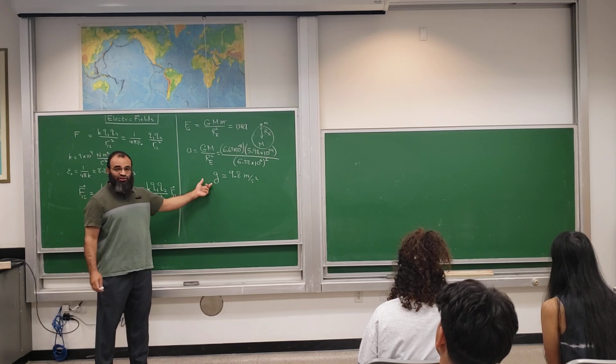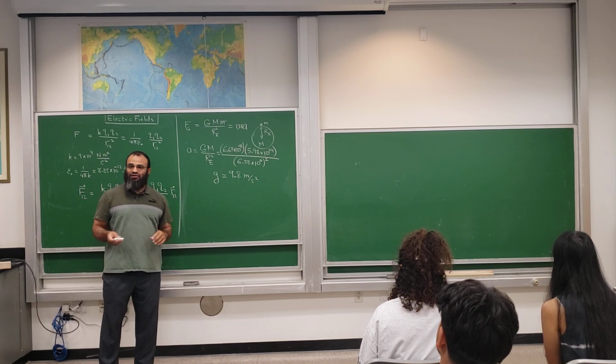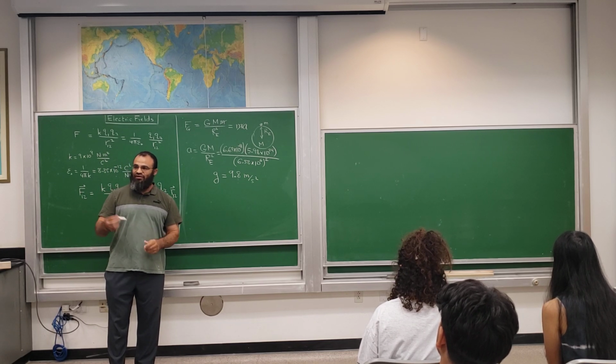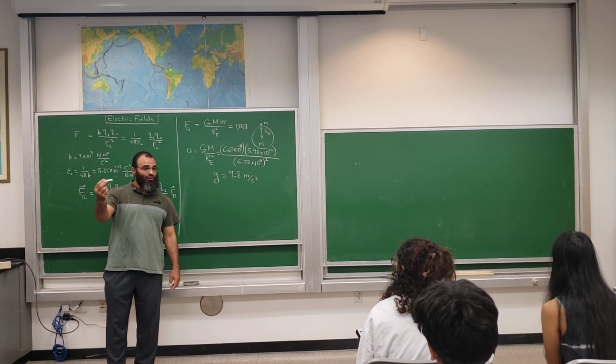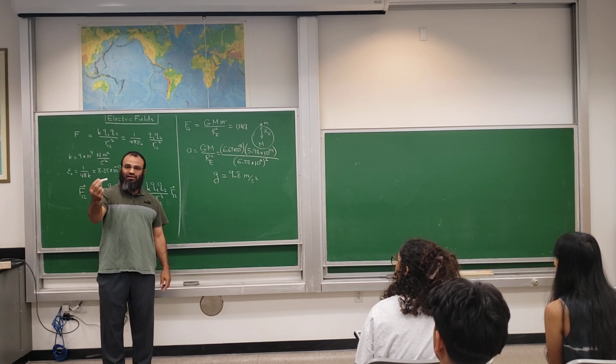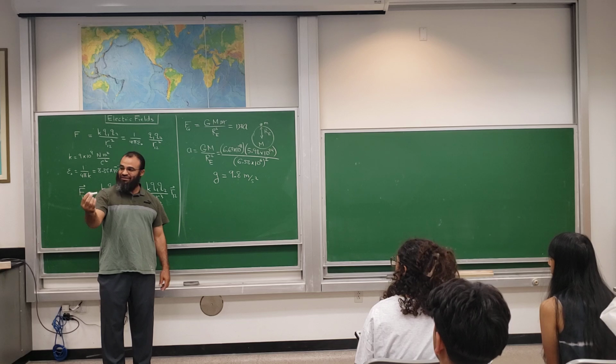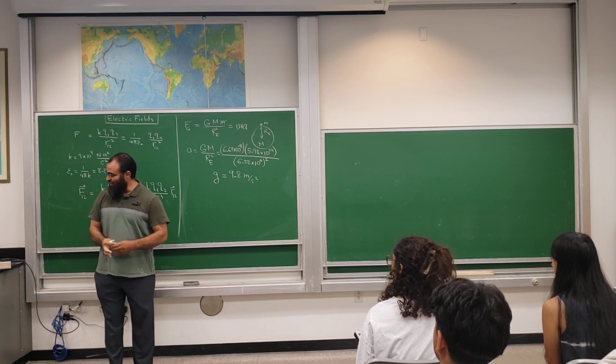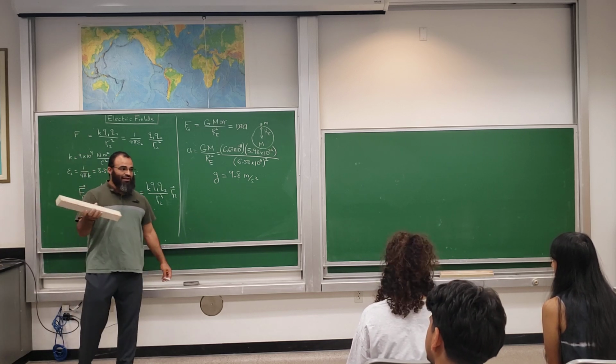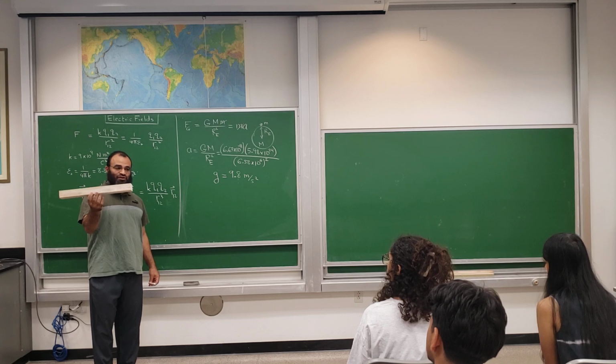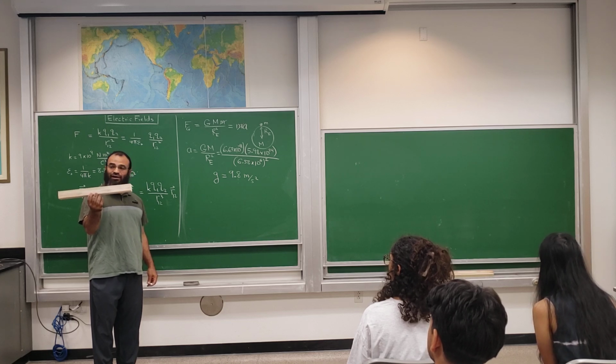What's the advantage of this? Notice, if I know g now, I know the force on any object. Let's say I have this piece of chalk, its mass is m. What's the force on the piece of chalk? mg. So whatever the mass is, if I have this eraser, it has a different mass, but what would the force on it be due to Earth? mg.